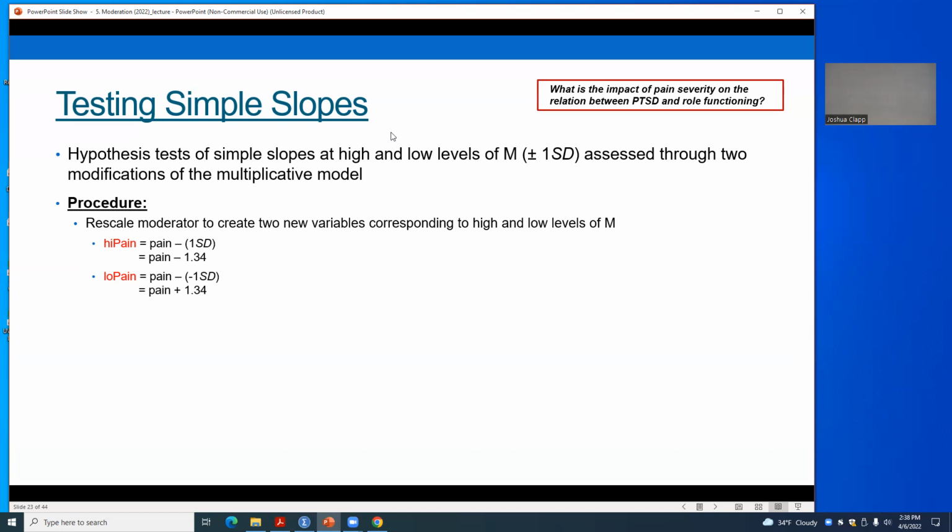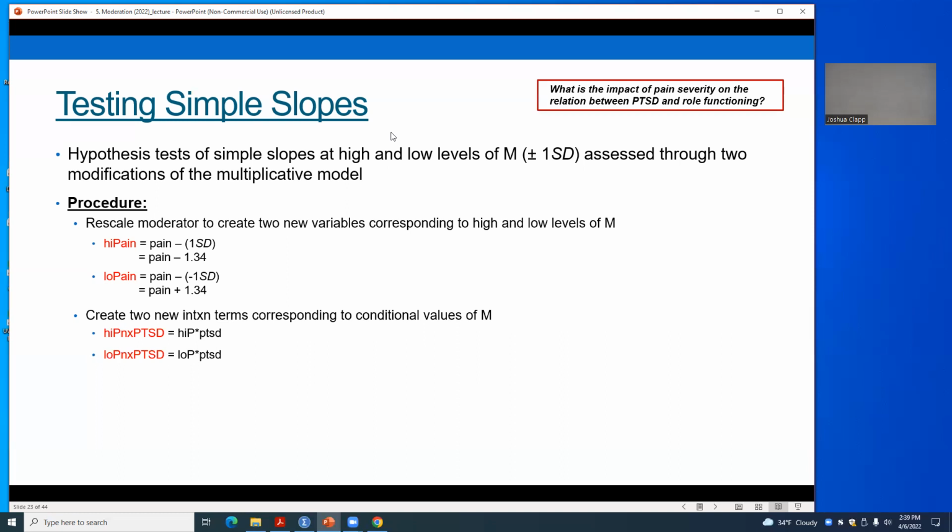Okay. So if we do this, we've created new variables in SPSS. You're going to have two new variables: one that's centered so 0 corresponds to high levels of pain, and a new variable, low pain, where 0 corresponds to low levels of pain. Then you're going to create two new interaction terms.